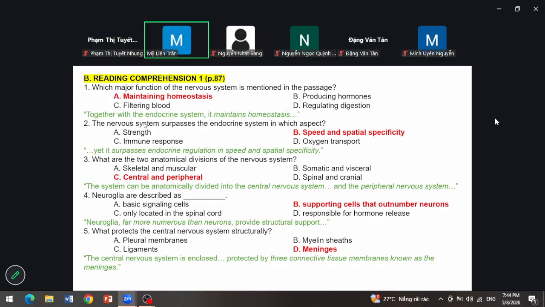Two, the nervous system surpasses endocrine regulation in speed and spatial specificity.